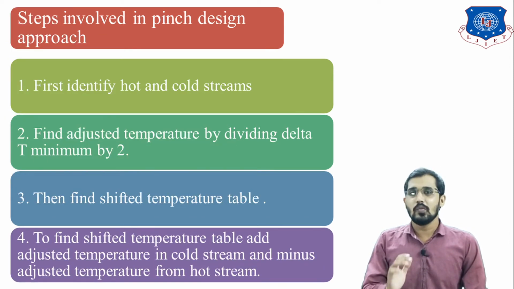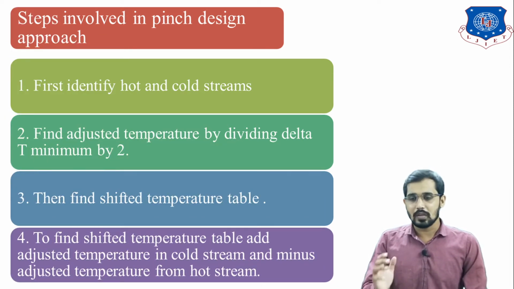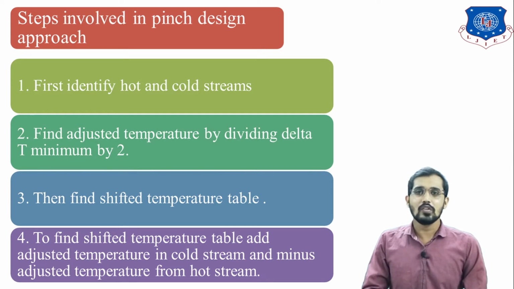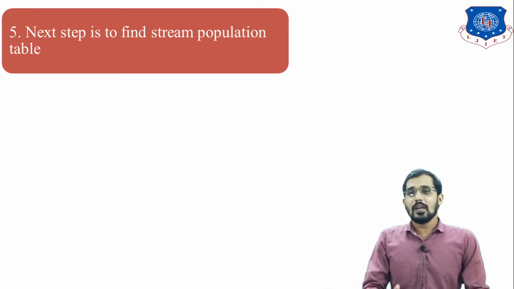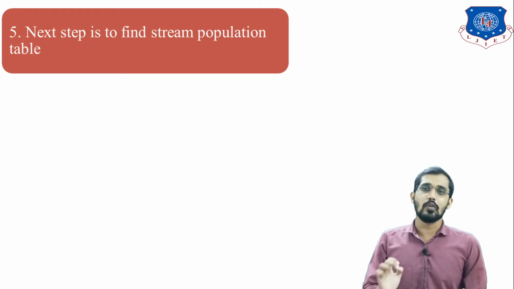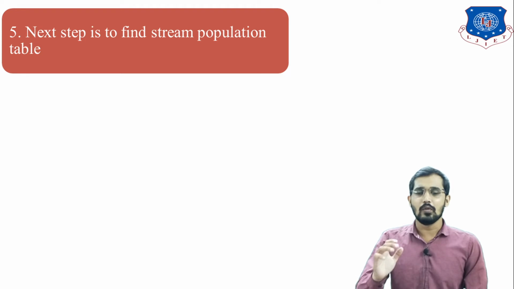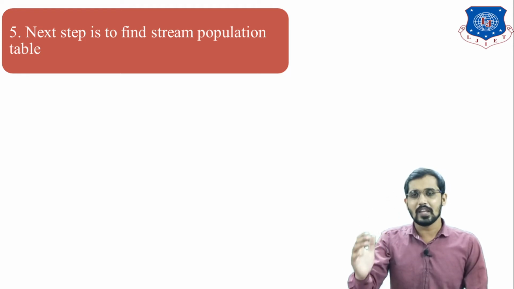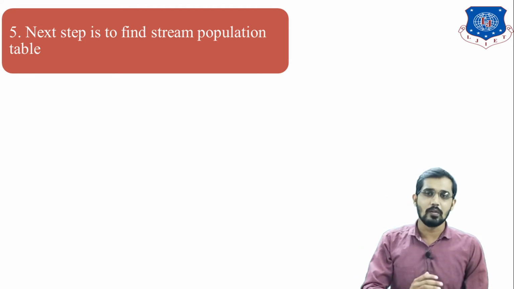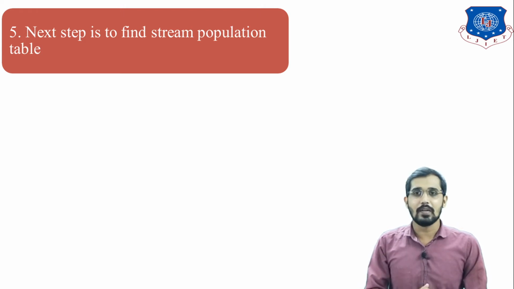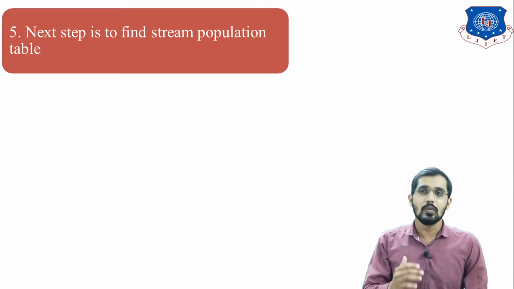To find the shifted temperature table, you can see the fourth point: add the adjusted temperature to the cold stream and subtract the adjusted temperature from the hot stream. The next step is to find the stream population table, where we find the various delta H values, CPC value, CPH value, and after that the extra utility value. I will explain all these steps now in this slide.